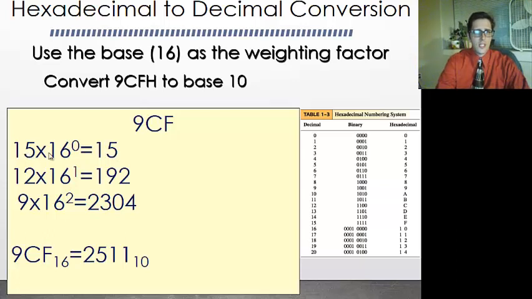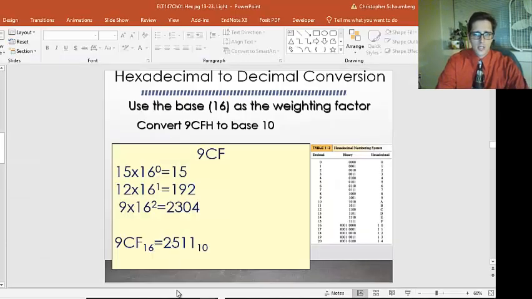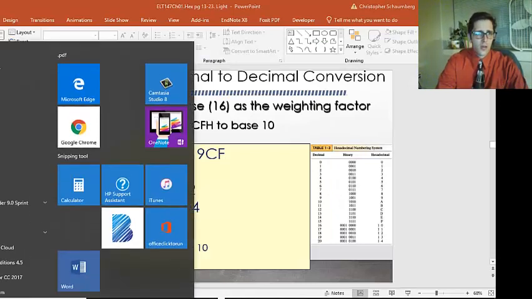We're going to do 15 times 16 to the 0. Well, 16 to the 0 is 1, so that's 15. 12 times 16 to the 1 is 192. 9 times 16 to the second power is 2,304. So we add those all up, and we should get 2,511. Let's just make sure that I did the math correctly.